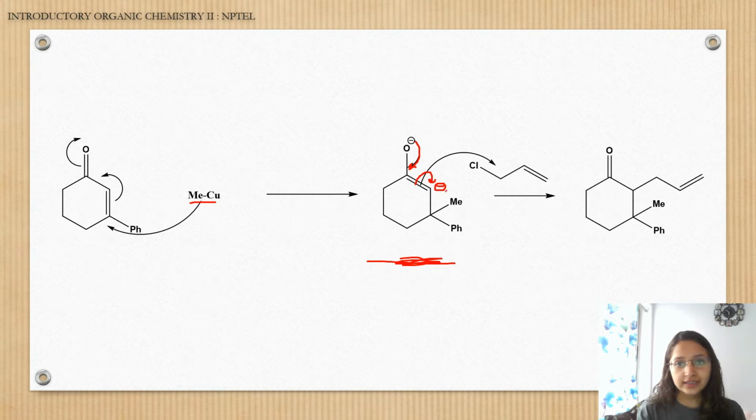So this carbanion is not going to neutralize like that. So it will prefer to attack on this particular carbon, leaving the chlorine out, and you will end up with this kind of product. Is it clear?